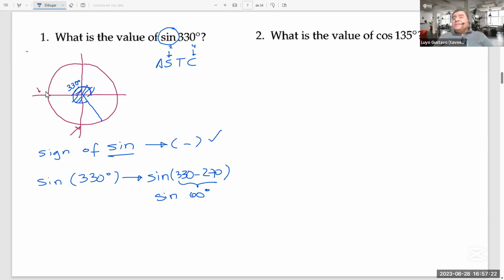And what is the sine of 60 degrees? Here you make use of the special triangle, the one with 30, 60, and 90 degrees. You can draw it like this, although it's a little deformed. So this is 60, this is 30, and the shorter leg is 1.